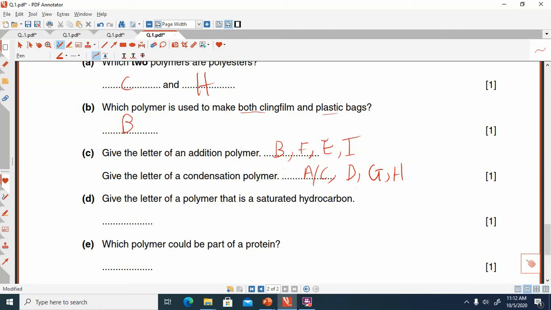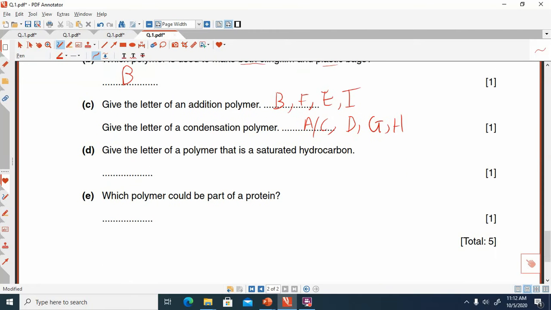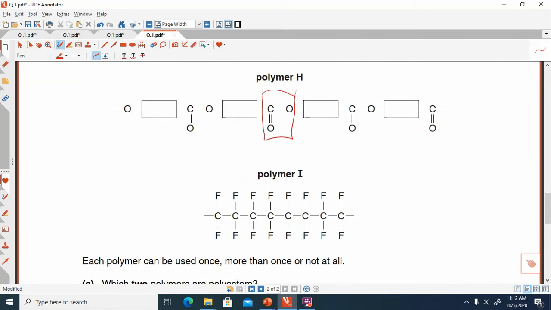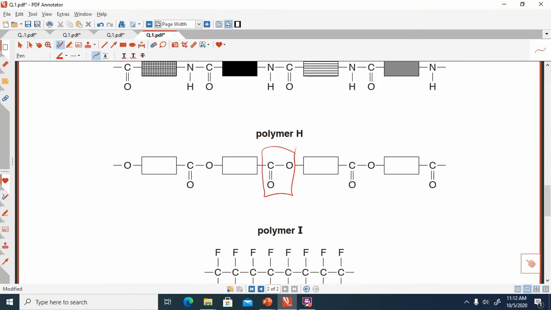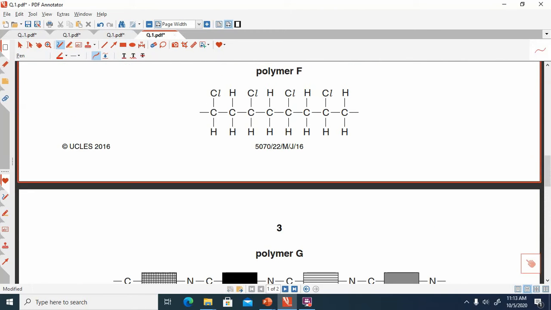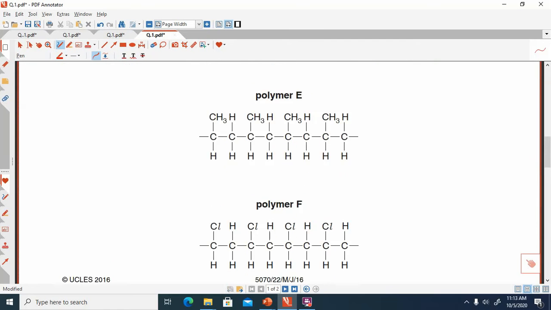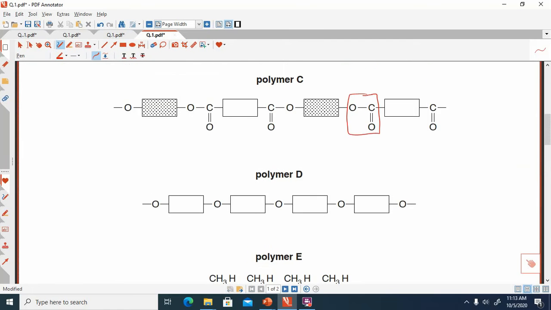In addition polymerization, the same type of monomers are linked together to form the polymer. Now part D is: give the letter of the polymer that is a saturated hydrocarbon, right? Saturated means containing carbon single covalent bonds, carbon-carbon and carbon-hydrogen single covalent bonds.